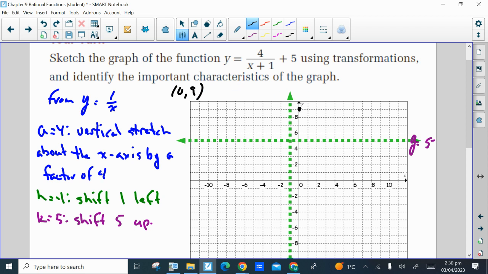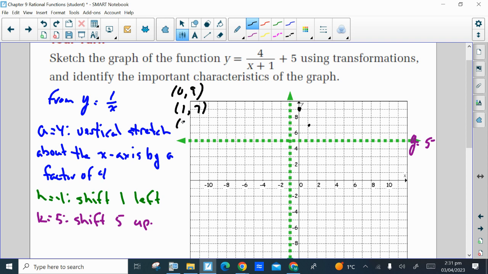So that's that point. I can let x equal 1. 1 plus 1 is 2. 4 divided by 2 is 2, plus 5 is 7. So the point 1 comma 7, that point there.